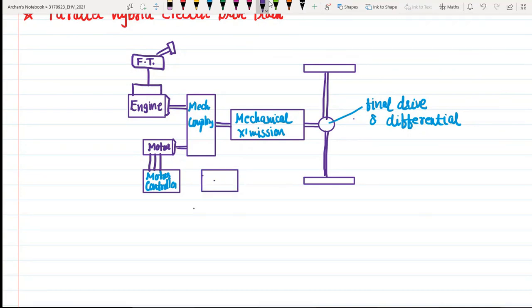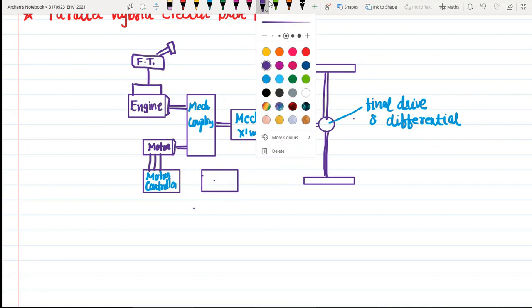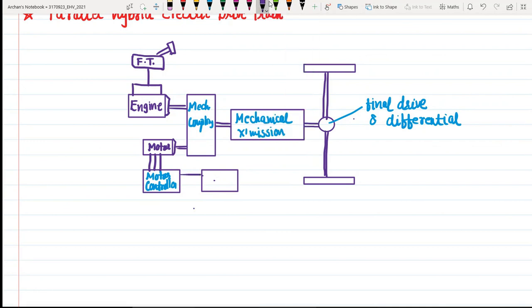This is my battery, consisting of a number of cells which are connected in series.